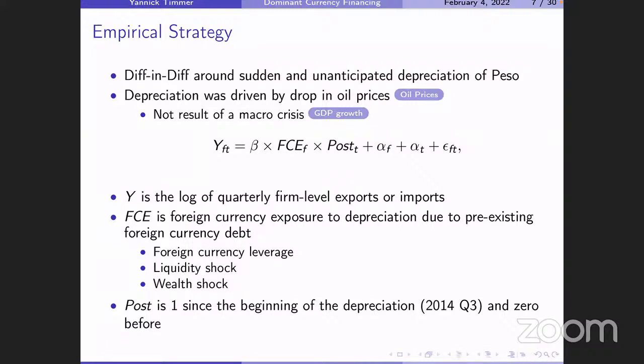And so then we compare firms with each other before and after the depreciation with a lot and with little foreign currency exposure in terms of their balance sheet.